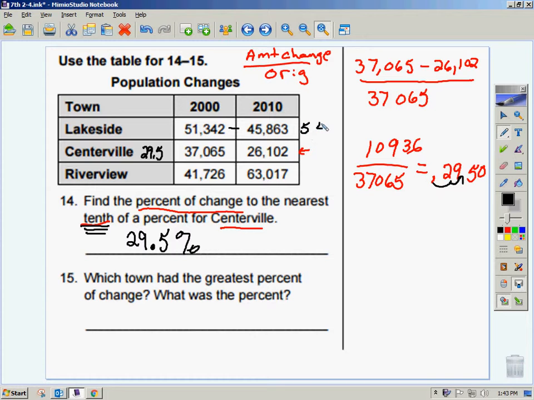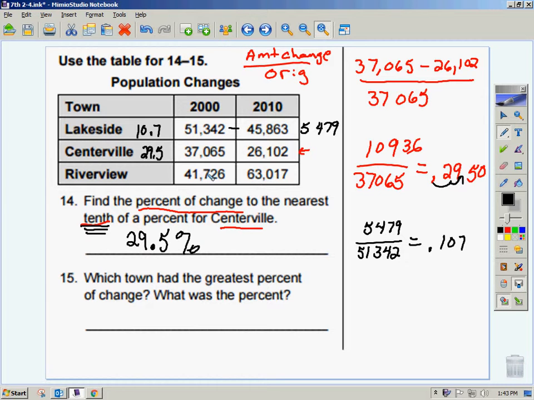That's 5,479. And what would I take that 5,479 and divide it by? 51,342. When I do this, this comes up to 0.10, and I'm going to just round it. So this is 10.7%.